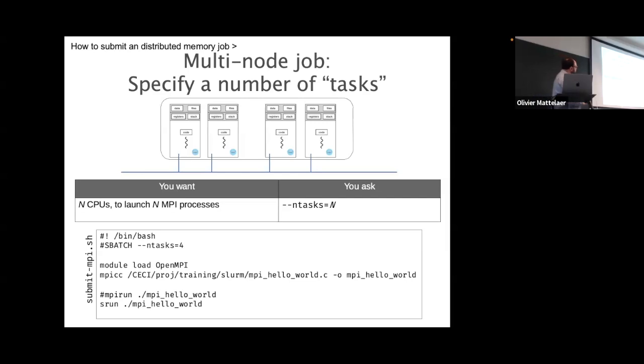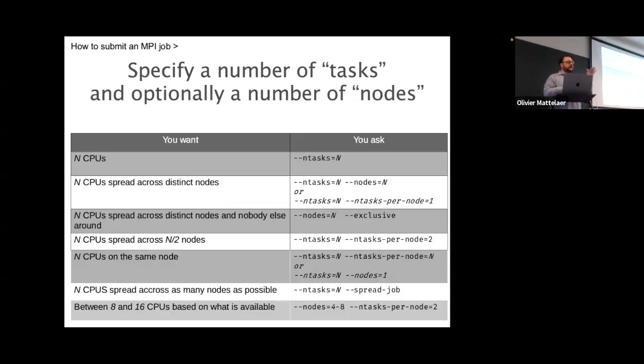And yes, so this is another example. If I ask for ntasks equal 4 without specifying anything more, I can end up in this situation. Most of the time, you will not care, but there are some workloads where you want to specify how the processes are distributed among the nodes, and you can do that with ntasks-per-node, nodes and ntasks.